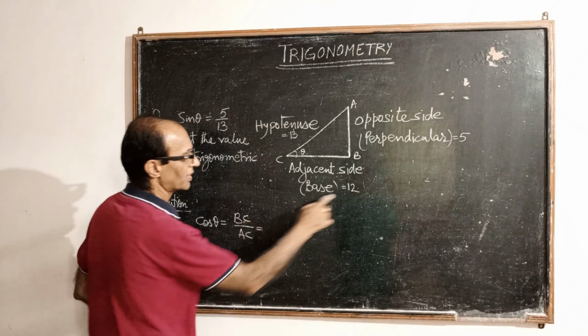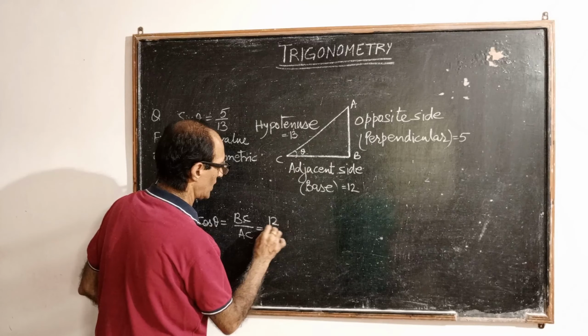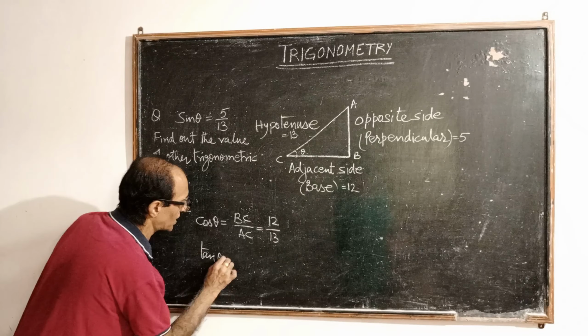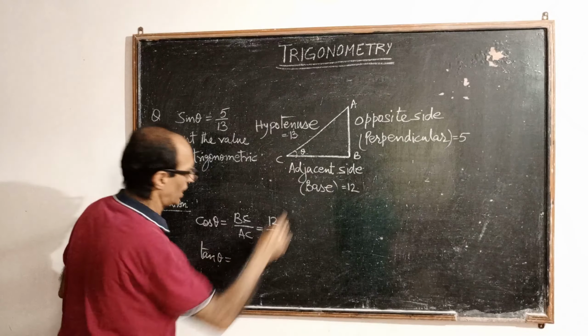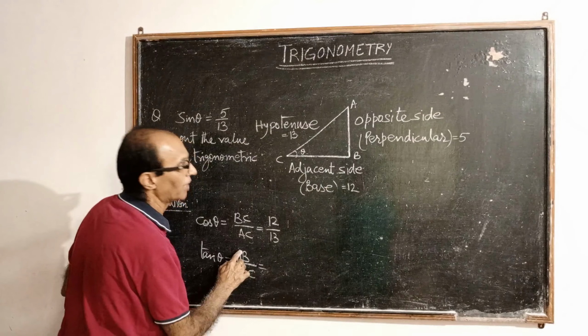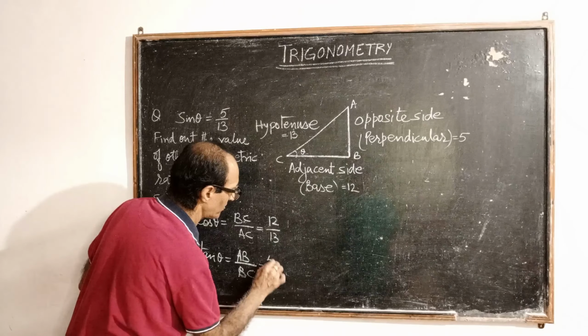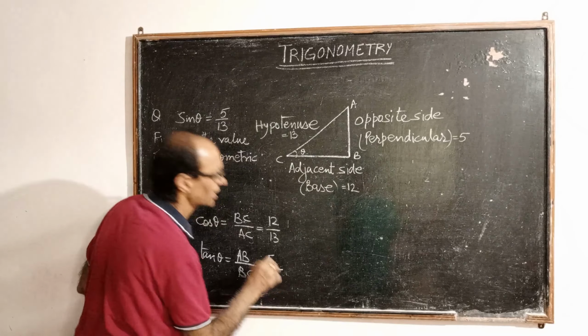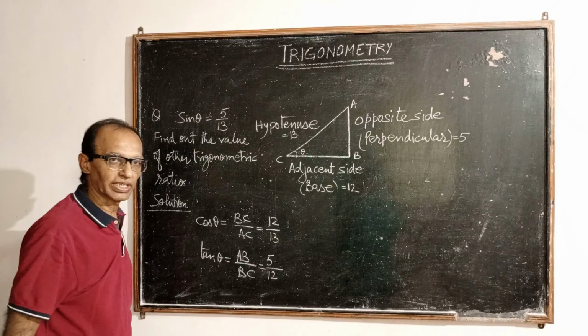BC base is 12 and AC hypotenuse is 13. Tangent theta is perpendicular AB upon BC. AB perpendicular is 5 units and base is 12 units. So that is the tangent theta.